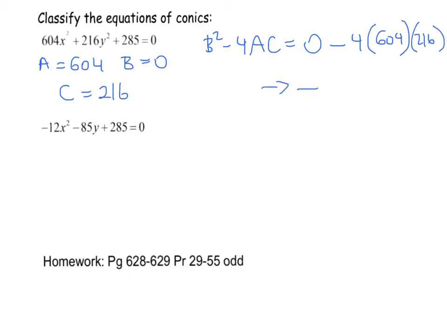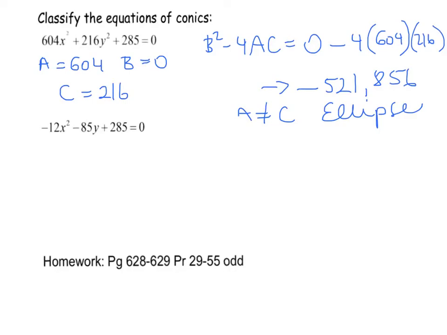So I will get a negative 521,856. So at this point I know it's either an ellipse or a circle, but because A does not equal C, this will be an ellipse.